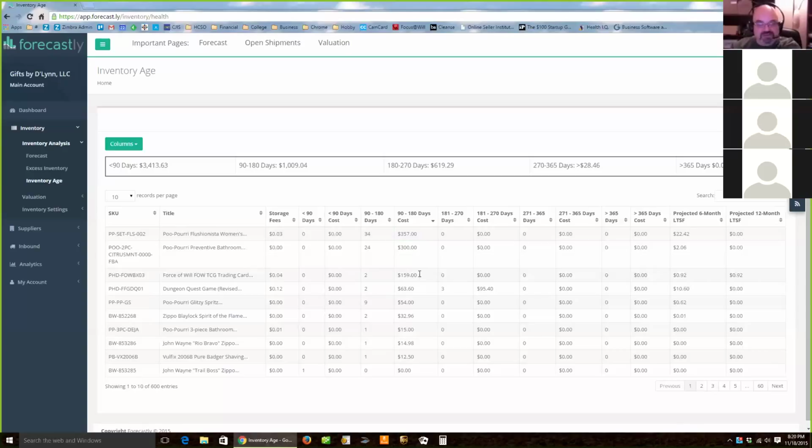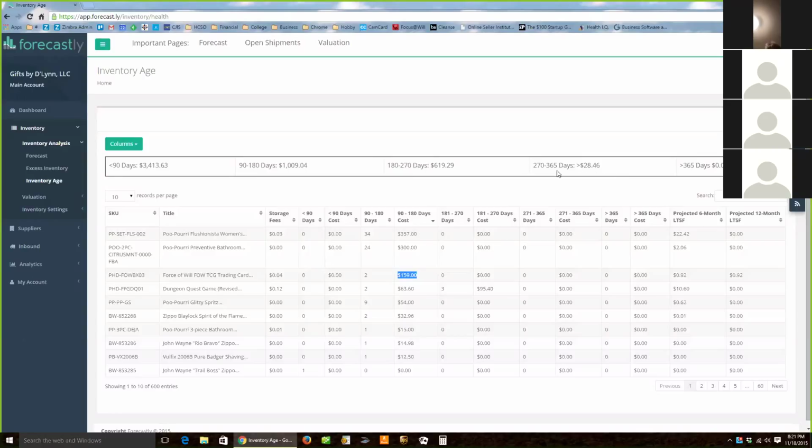So there's $159 that I haven't had access to for 90 to 180 days. And this shows you total. So I've got over $1,000 tied up in inventory cost for items that haven't sold that are between the 90 and 180 day mark. I've got $600 between 180 and 270, and then $28 that are greater than 270 but less than 365.